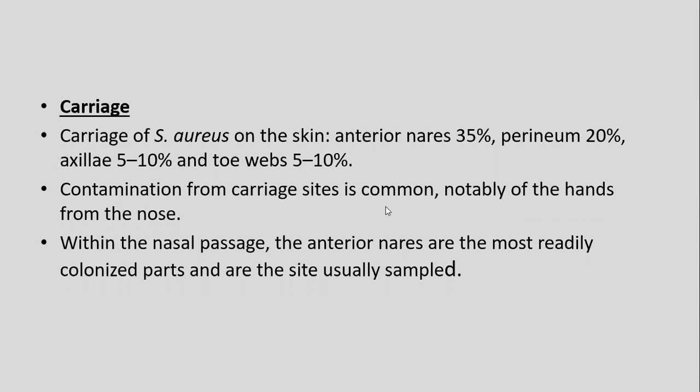Carriage. The carriage of Staph aureus on the skin: the main site is the anterior nares in 35%, perineum in 20%, axilla in 5 to 10%, and toe webs in 5 to 10%. Contamination from carriage sites is common, notably of the hands from the nose. Within the nasal passage, the anterior nares are the most readily colonized part and are the site which is usually sampled.